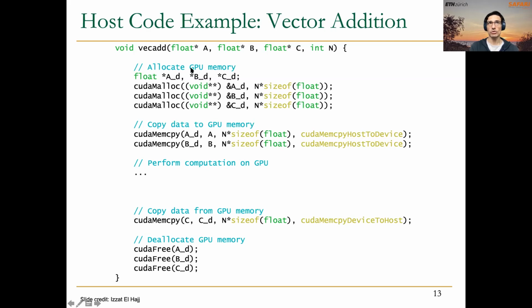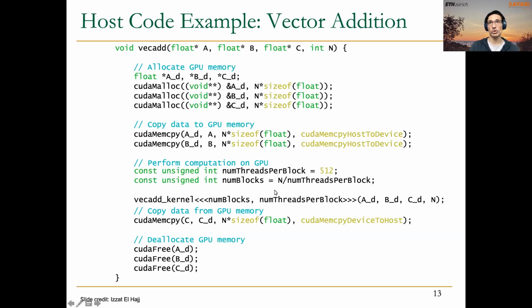Inside it, first of all, we allocate GPU memory using cudaMalloc for arrays A, B, and C, and we copy the input data, array A and array B, from the CPU memory to the GPU memory. Observe that here the copy is performed from host to device in both cases. After computation on the GPU, we have to return the results, array C, from the device to the host. And finally, we deallocate the GPU memory if we don't need it anymore.